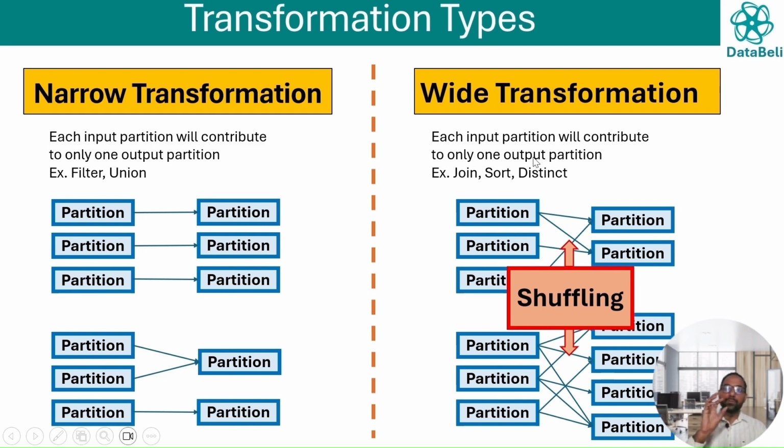So these are the two types of transformation, right? Narrow transformation can be, for example, a simple filter or union of two data sets, whereas wide transformation can be joining multiple data sets or sorting the data based on different columns. That is where shuffling will happen for sure.